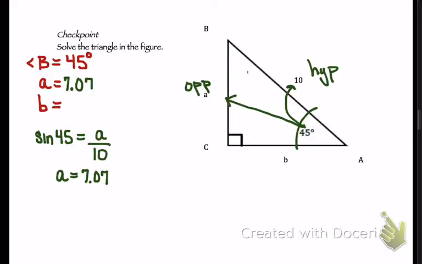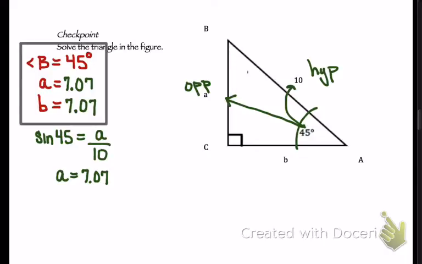I already know that side B should be 7.07. If you did extra work, you still got 7.07, so no big deal. It's just you did a little bit extra work. Okay, so hopefully getting some practice with those triangles. Hopefully it's getting a little bit better. We'll get some practice in class today, and good job.